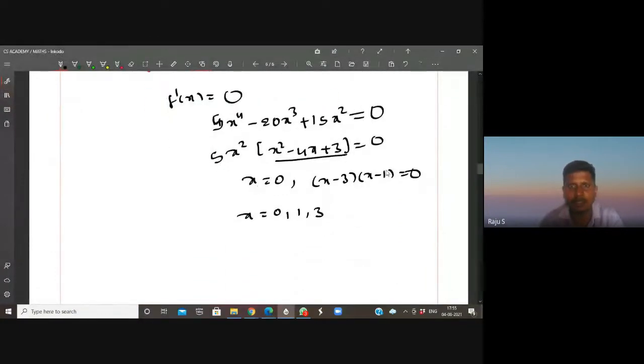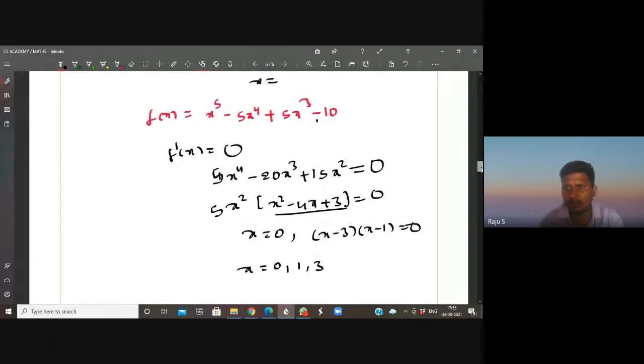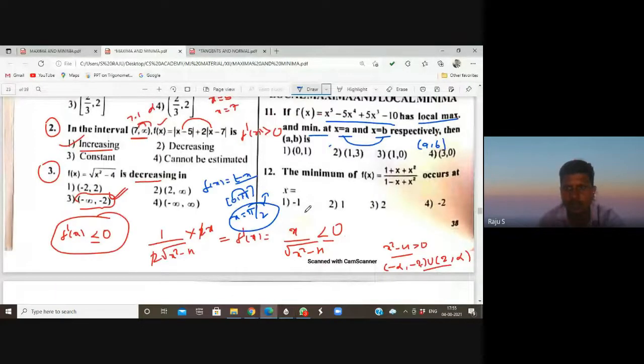Here, it is not necessary to find the second derivative; substitute all three values in the given function. What is the value we are getting highest?